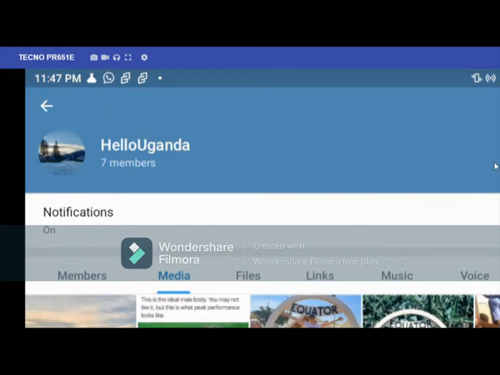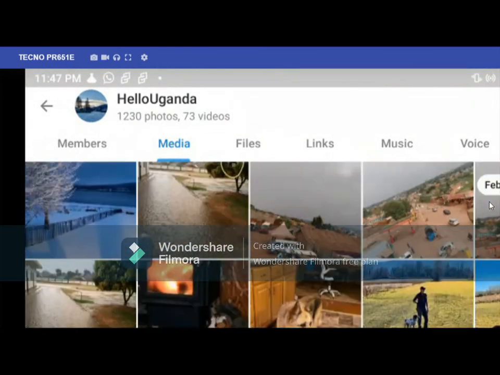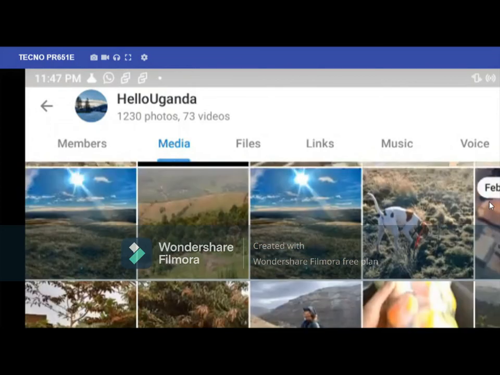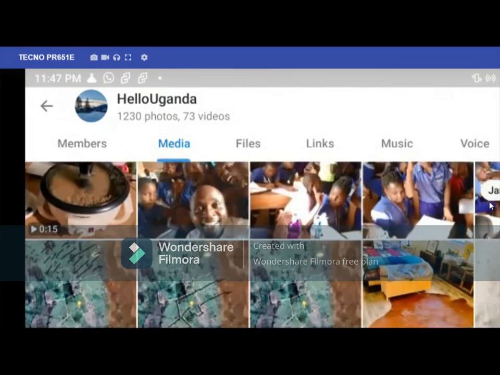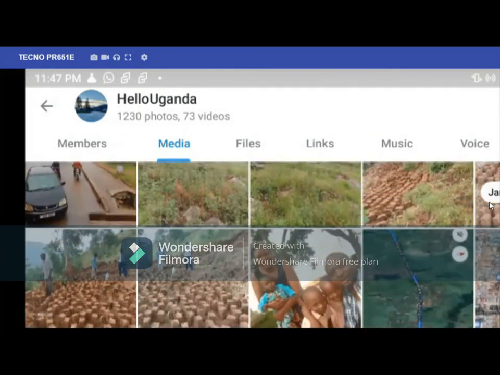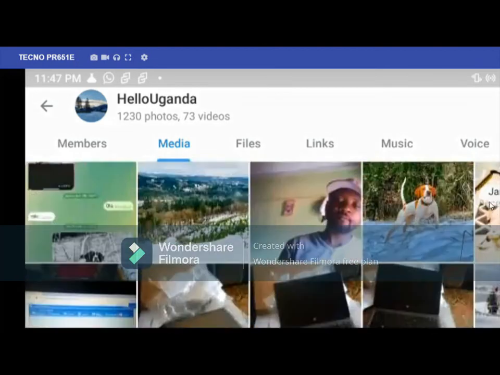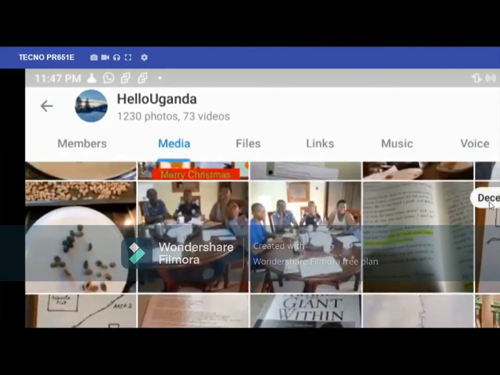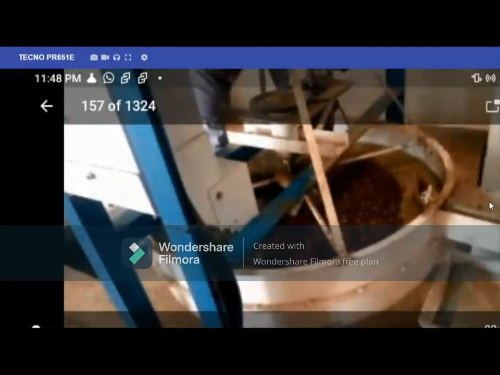Then we can come down. I want to see where the video showing how hulling is done. Yes, this is my gallery, so I pull the photos. No wonder I keep them online. We keep photos online because we really don't know. Yes, here it is.